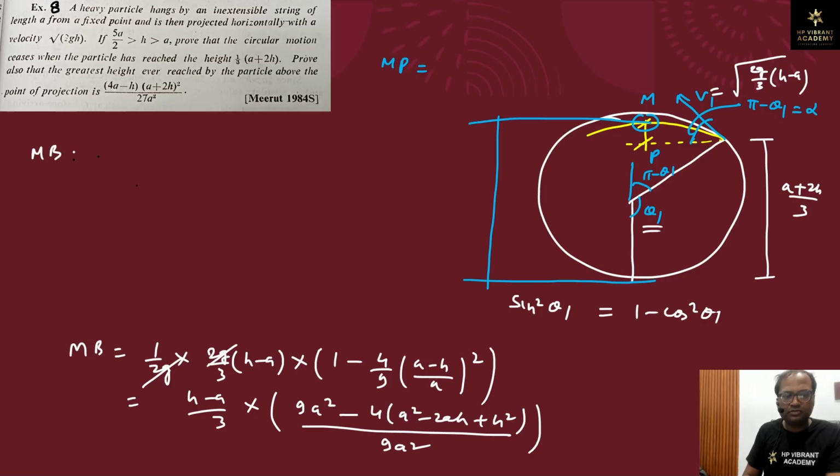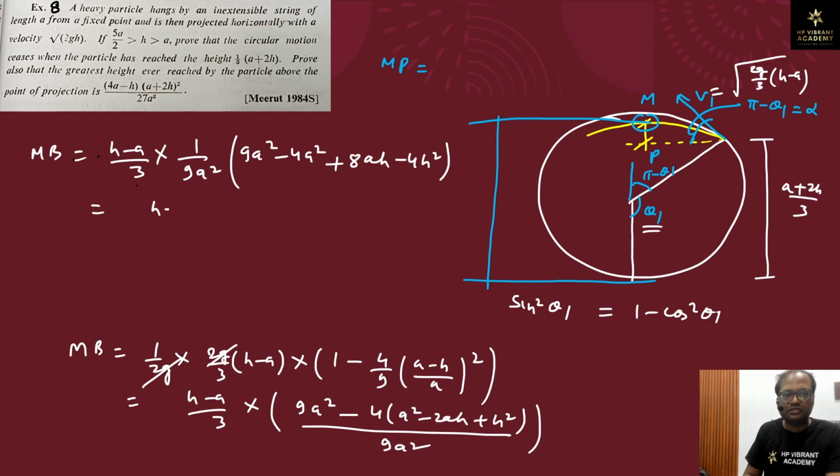So we have MB is equal to (h minus a) upon 3 into 1 upon 9a square into (9a square minus 4a square plus 8ah minus 4h square). This is (h minus a) upon 27a square into (5a square plus 8ah minus 4h square).